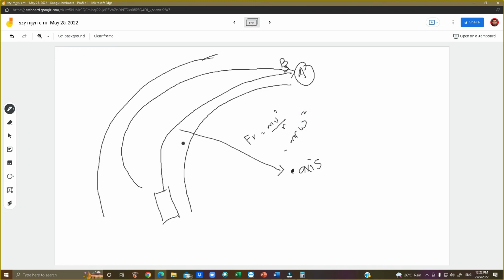Okay, so if you have quite a tight turn yang kecil, tajam, this one is going to have more centripetal force. Katalah kita namakan dia centripetal force A. This one centripetal force B. So FCA is larger compared to FCB.